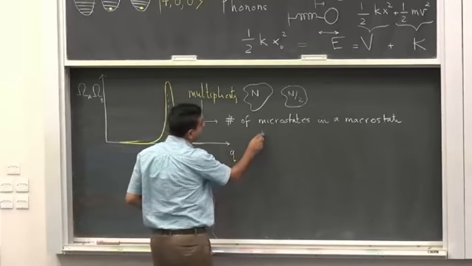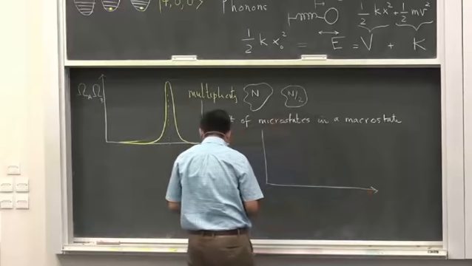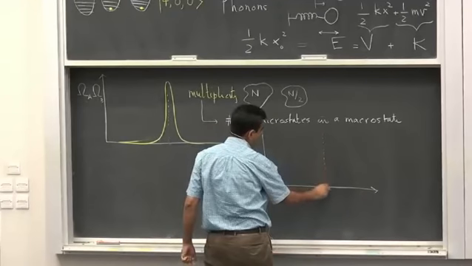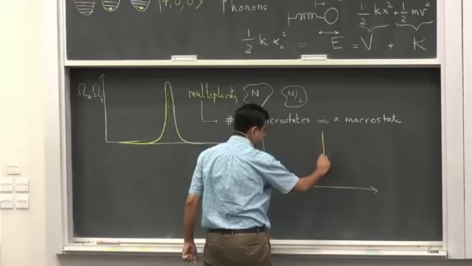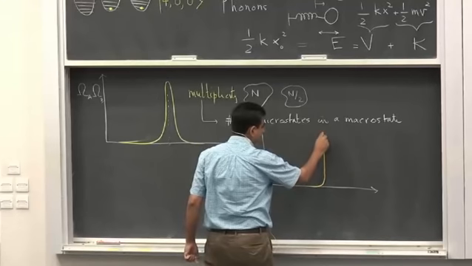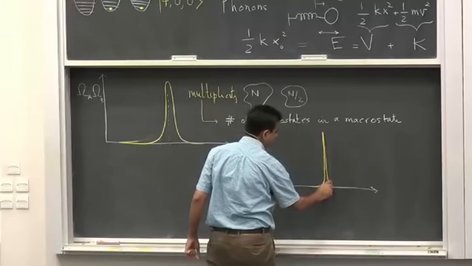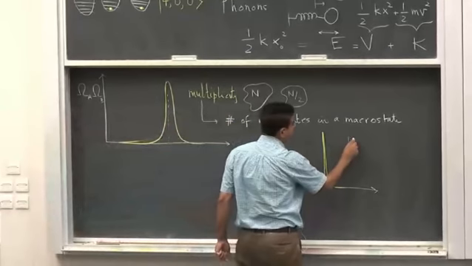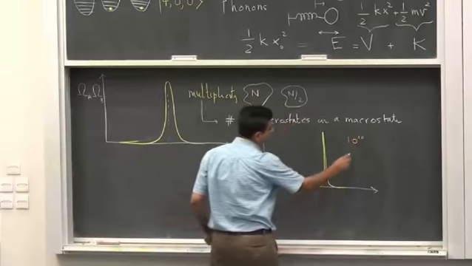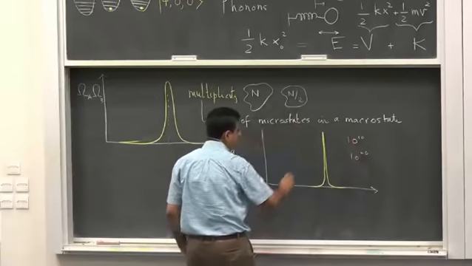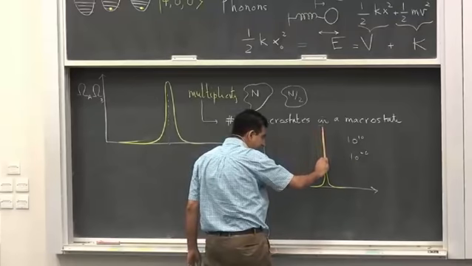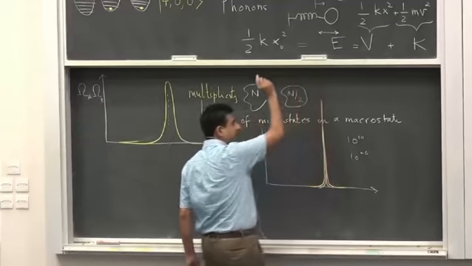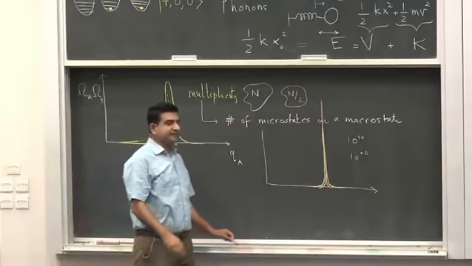So if I were to deal with a million atoms, for example, really large, even bigger than a million, 10 to the power 10 atoms, this peak will look like this. If I were to use 10 to the power 20 atoms, this peak will actually become more like a Dirac delta function, extremely sharp. And it will be higher.